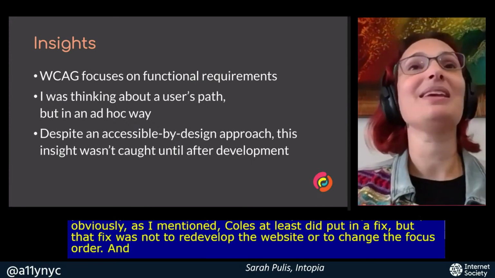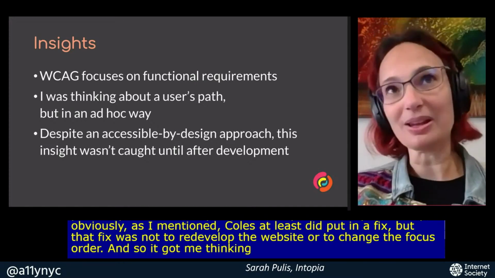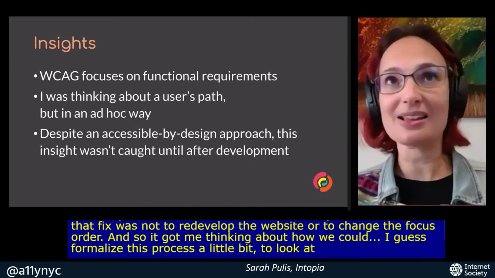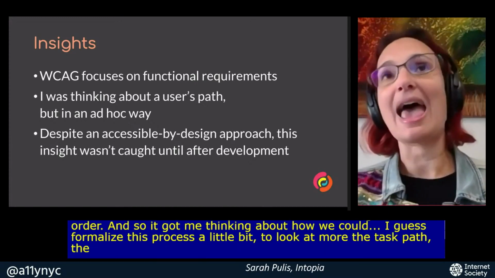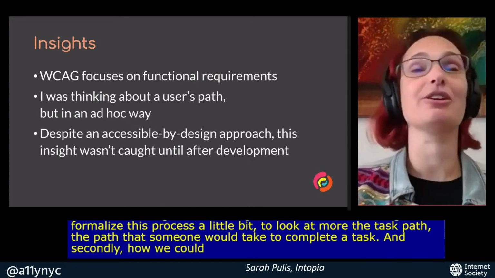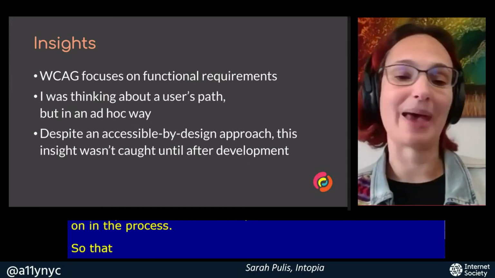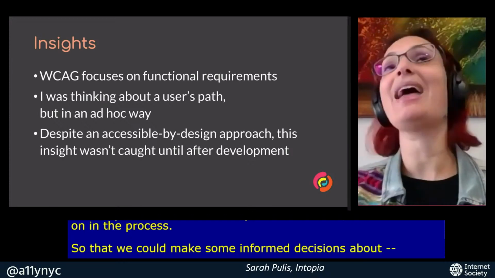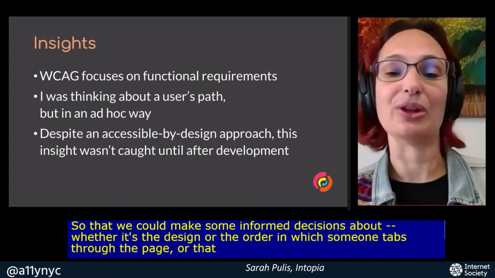And so it got me thinking about how we could, I guess, formalize this process a little bit to look at more the task path or the path that someone will take to complete a task. And secondly, how we could identify this issue much, much earlier on in the process so that we could make some informed decisions about whether it's the design or the order in which someone taps through the page or that kind of thing, so that we actually considered that earlier on.